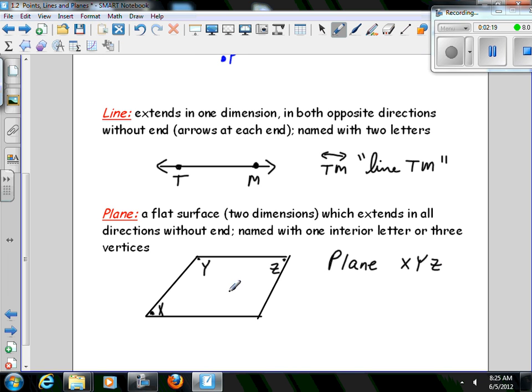Or if we had just one interior letter, let's say we had an L here. And by the way, these are your vertices. They're vertices, but yet they're really not, because it goes on and on forever. Or we could say here is one interior letter. L is in the middle of it, so you could just call it plane L. Either one of those is fine.